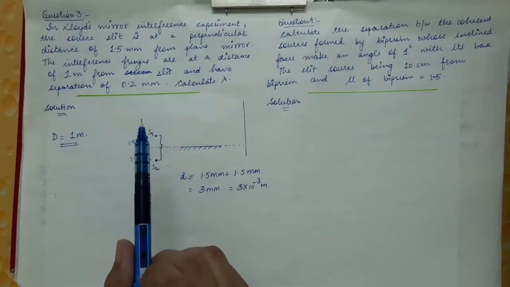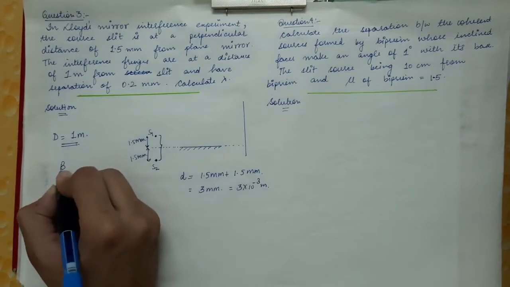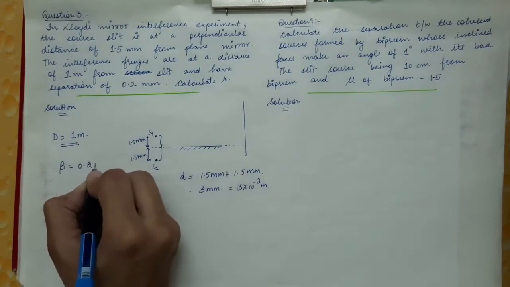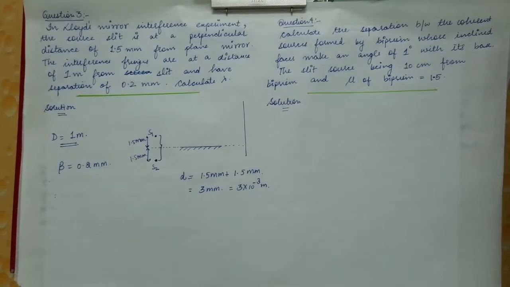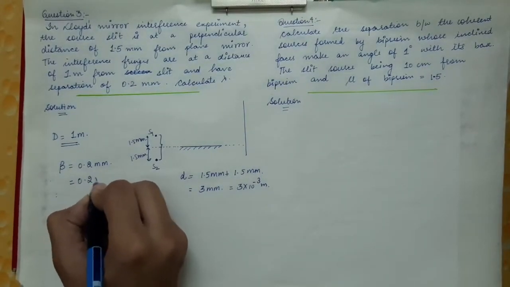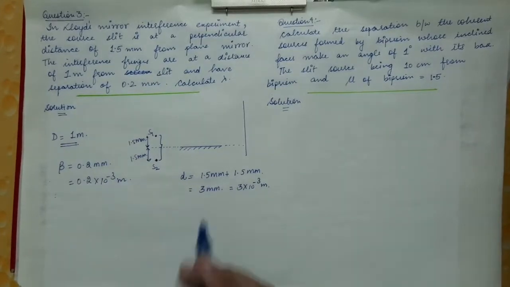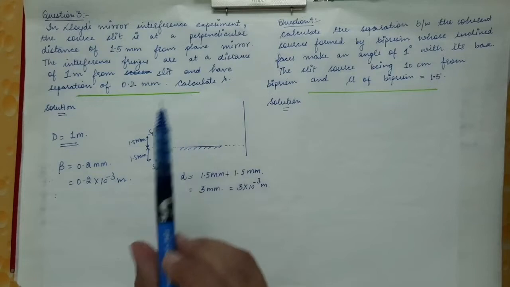So in simple manner we can say that we are given the fringe width. So we are given beta, which is equal to 0.2 millimeter, and in terms of meter it will be 0.2 into 10 power minus 3 meters. Now we are asked to find the wavelength of the light.